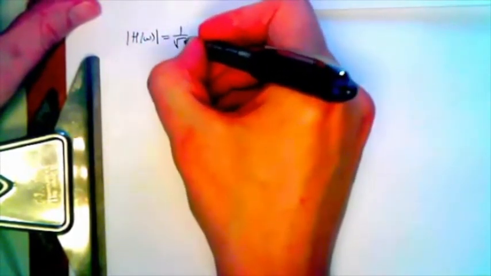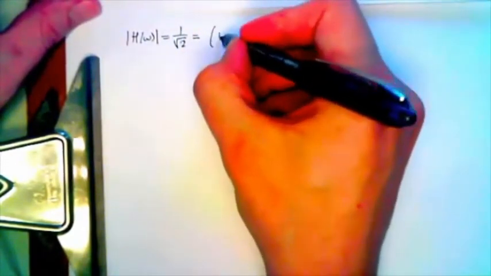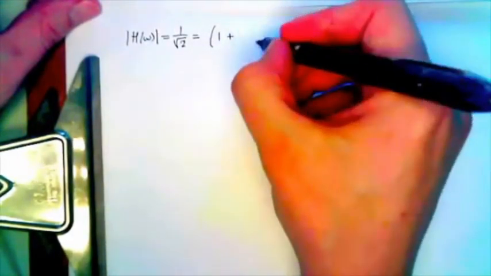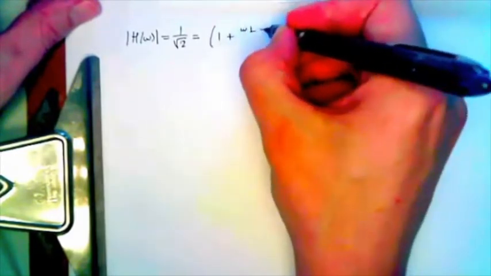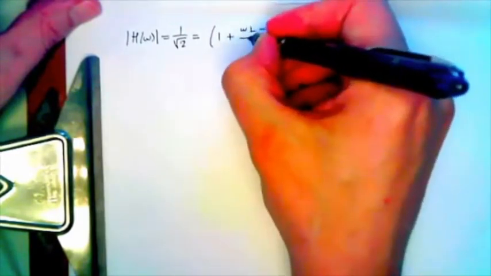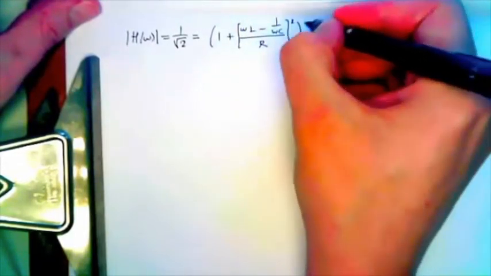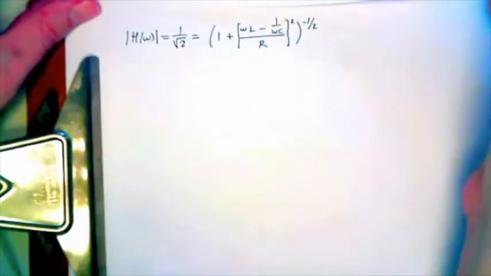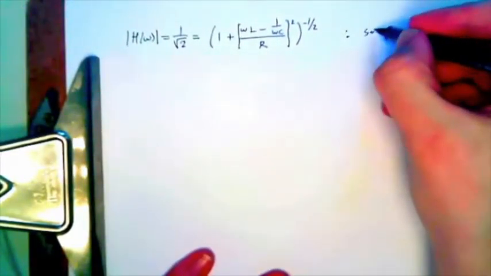We have our one over root 2 is 1 plus, solving for the width.